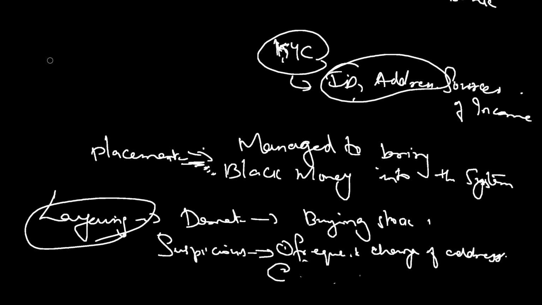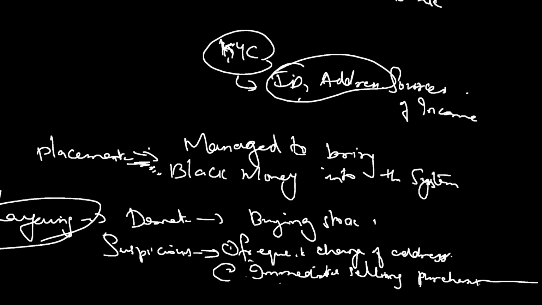Somebody is investing and then immediately selling, and he keeps on doing this. He buys and then immediately he sells. So too much churning can also make the employee suspicious about the client. If he is a money launderer, he can be suspected.